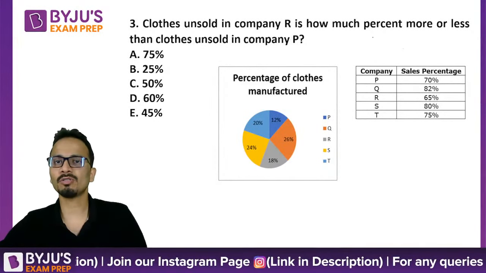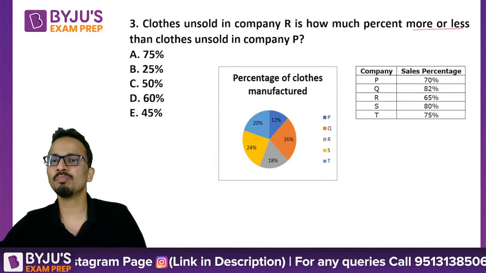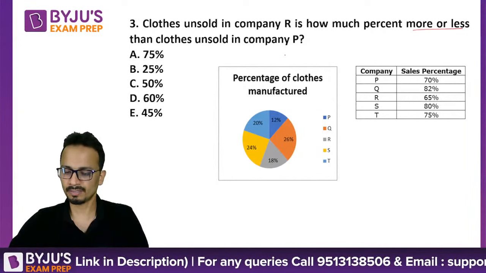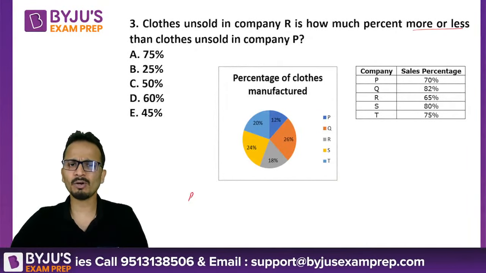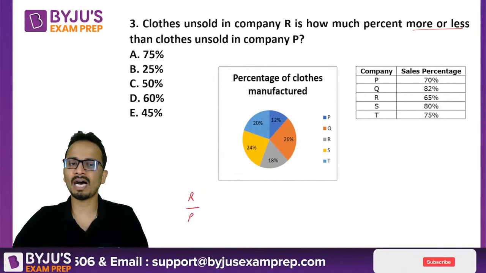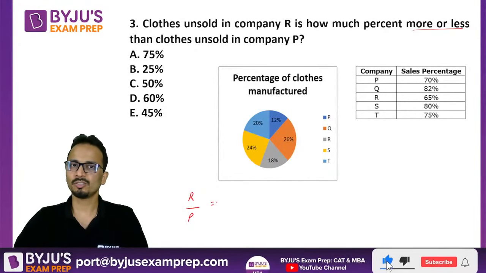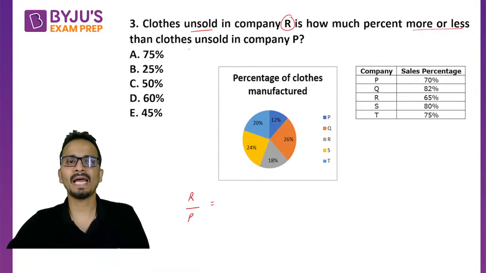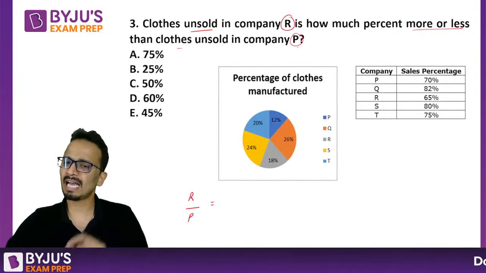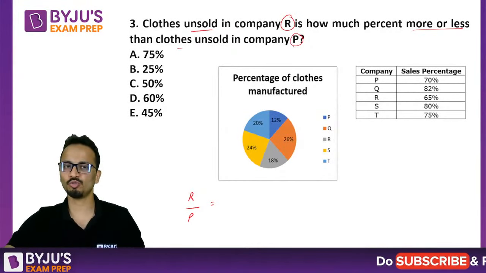So you have to find out R is what percentage more or less than P. So I forget about more or less for now. Right now I'll find out the ratio of R and P. There are two things, clothes unsold by R and clothes unsold by P. I'll find out the simple ratio of these two numbers.